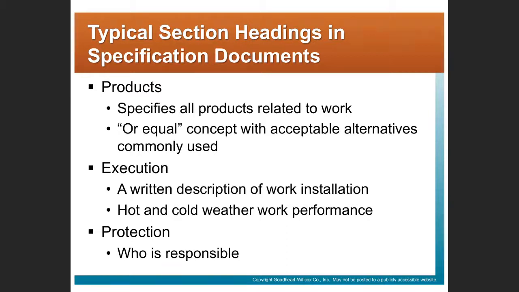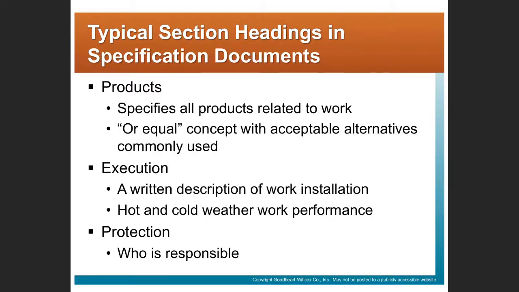Or equal means that you can submit on somebody else besides Square D. If you're the electrician, you may be able to buy Siemens hardware better than Square D hardware, so you're going to submit on Siemens because you can get that a little cheaper. Or equal means that you should be able to submit on Siemens and get it approved.